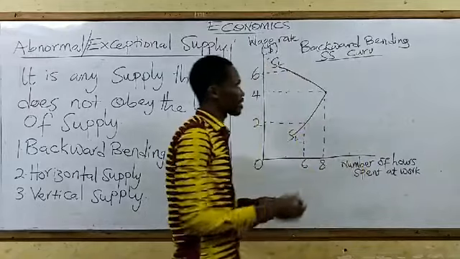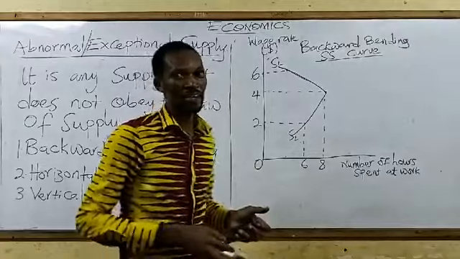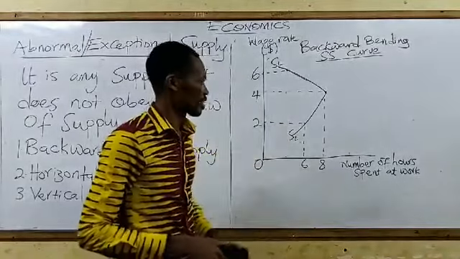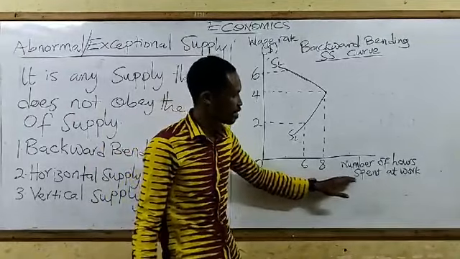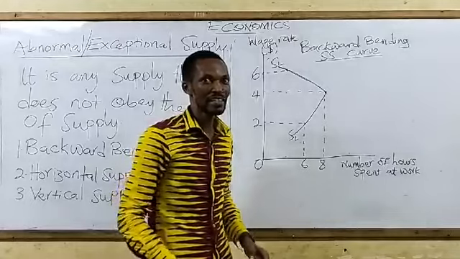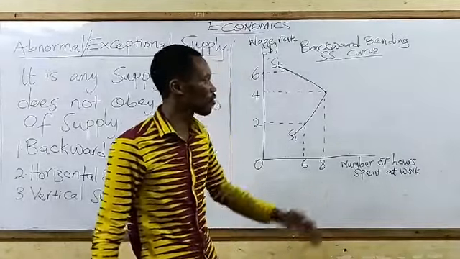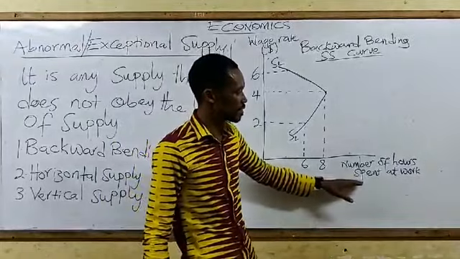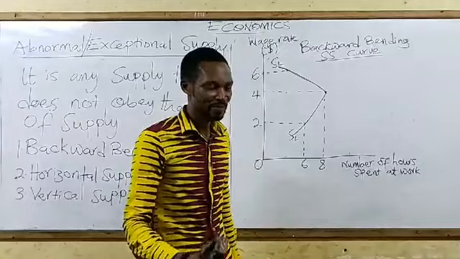The SS is supply. So this is it. I am going to explain it. On the horizontal axis, we have the number of hours spent at work, i.e. the number of hours a certain laborer or worker spends when he goes to work in a day.